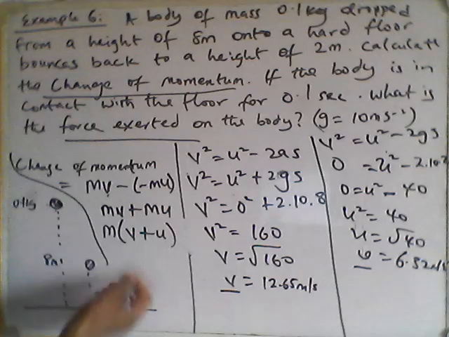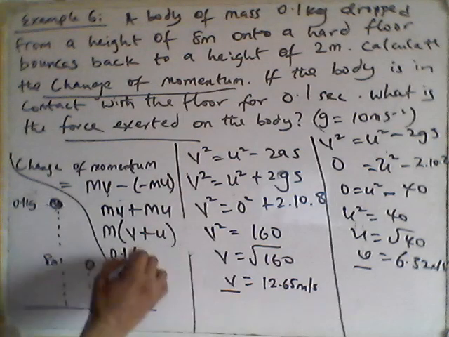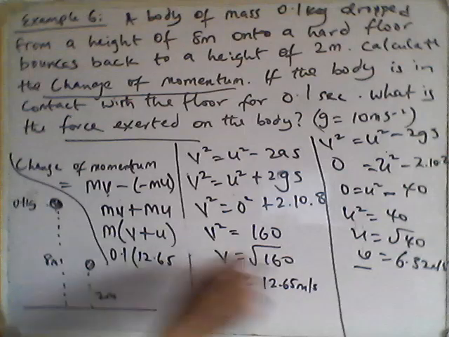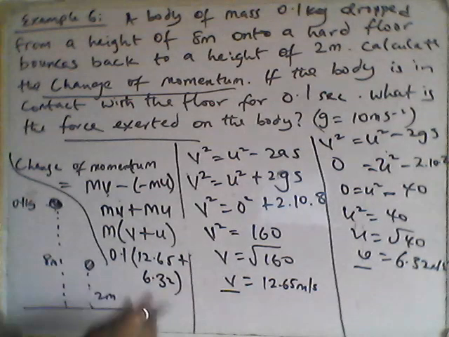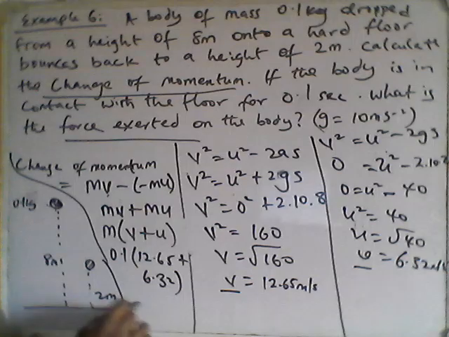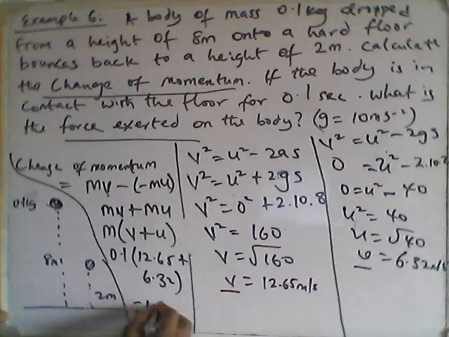So what's my m? M from the question is 0.1, and v, I've gotten it here as 12.65, and u, I've gotten it as 6.32. So when I compute the maths, the final answer I'm going to be getting here for change of momentum is 1.9 Newton. 1.9.